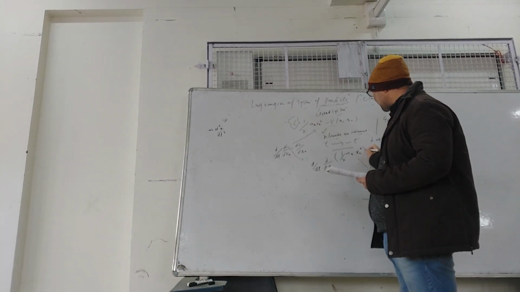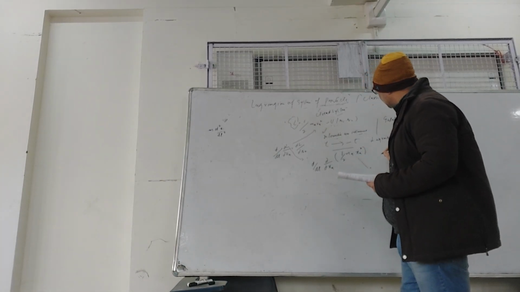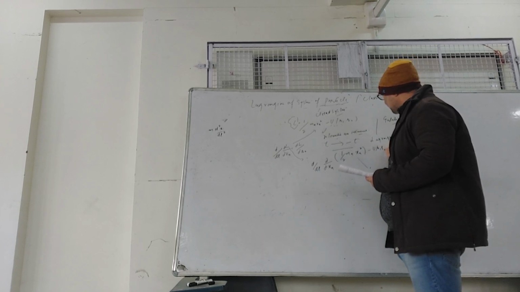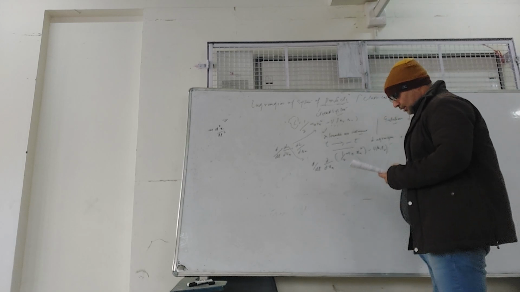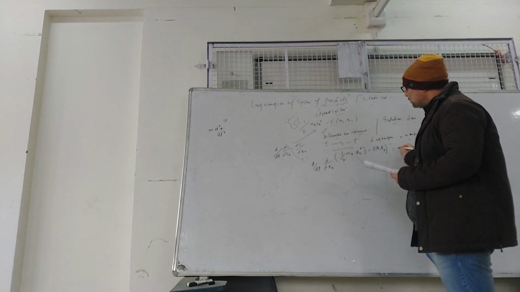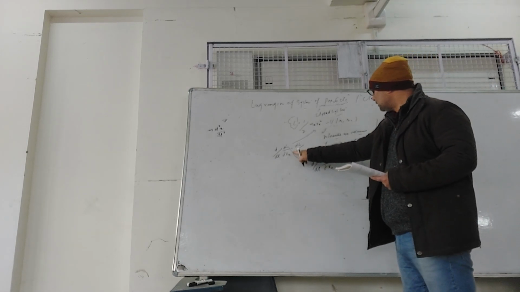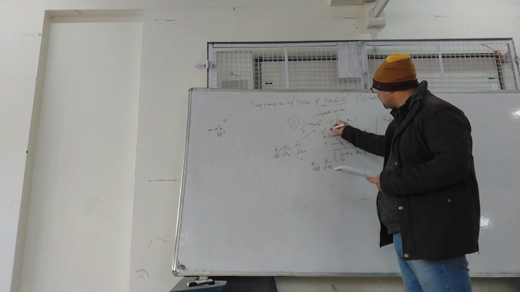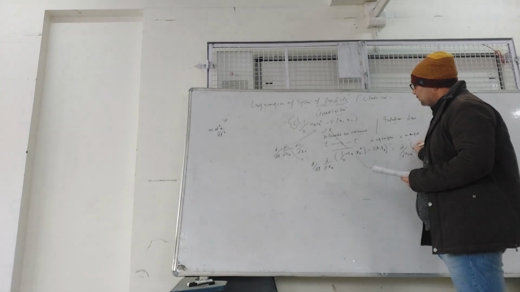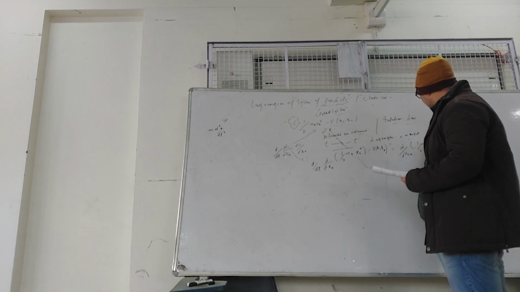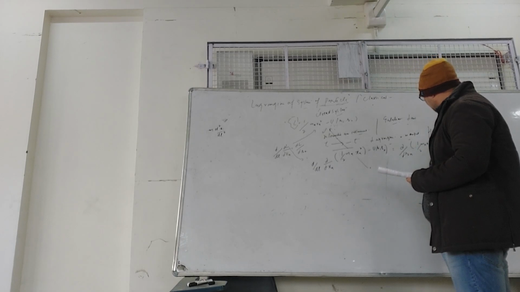xa dot squared minus 2 times the potential, is equal to d by dxa. We're writing this equation, but we'll substitute this pair here: 1 by 2 m_a xa dot squared minus the potential.